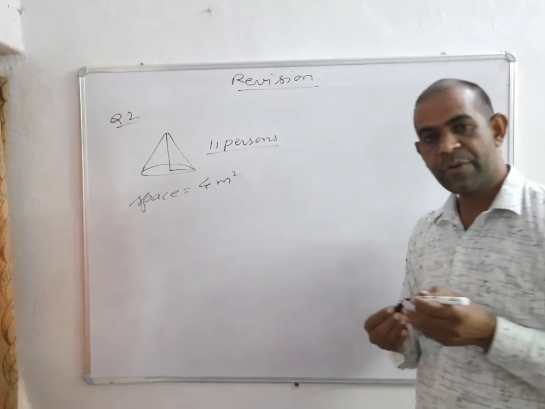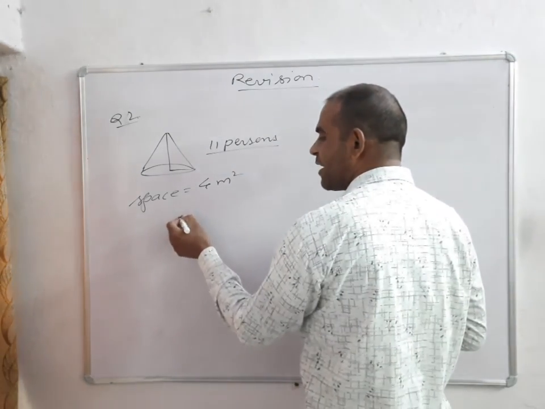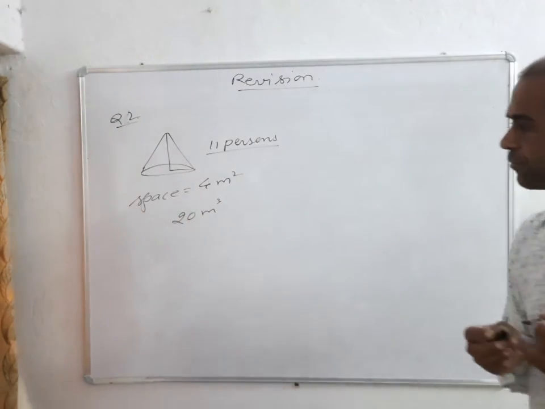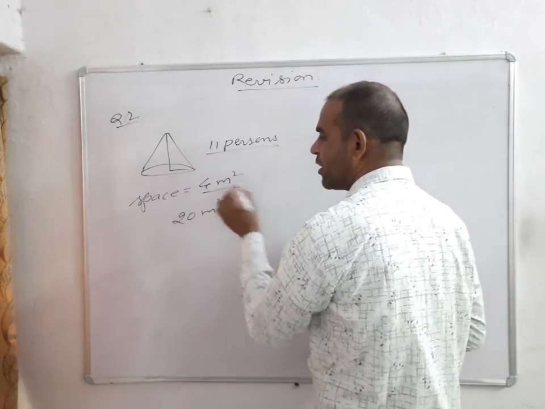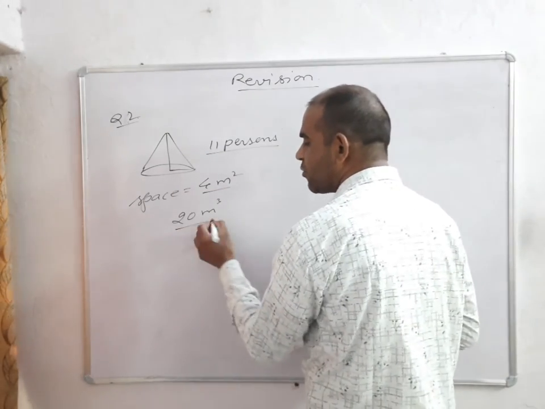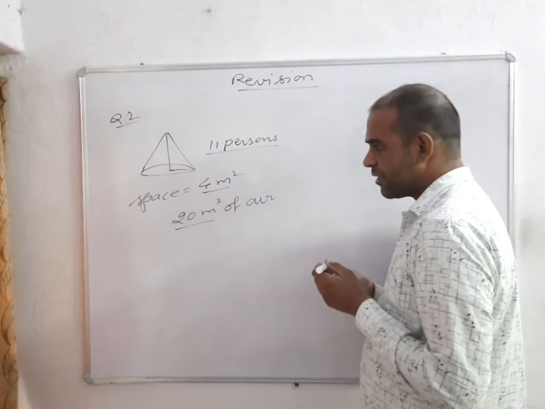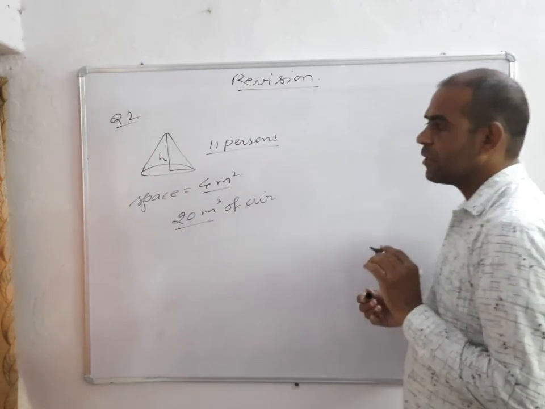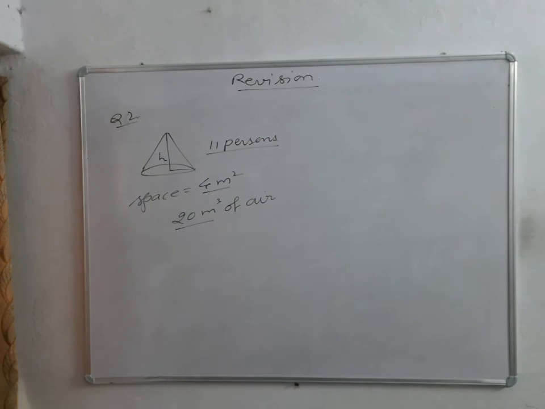Required space is 4 meter square and 20 meter cube of air to breathe. Only one person requires this. 4 meter square is the space and 20 meter cube of air required to breathe. Find the height of the conical tent.